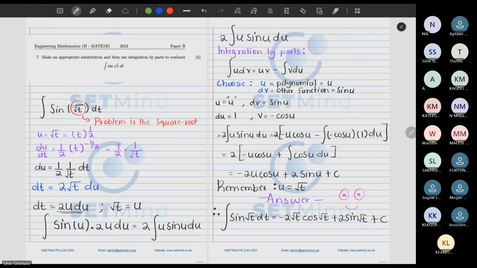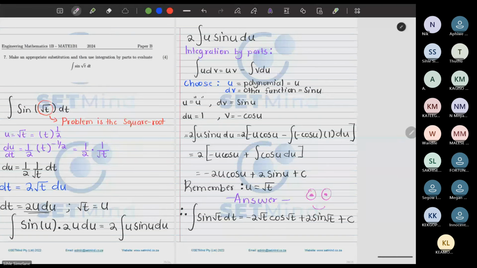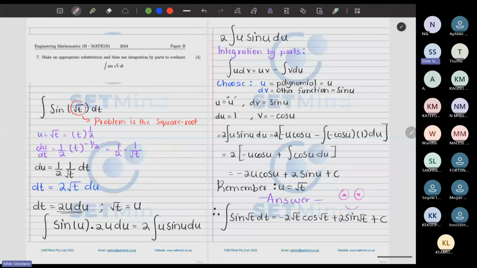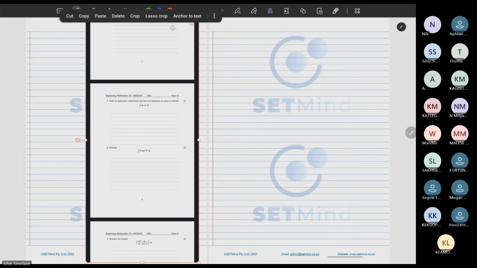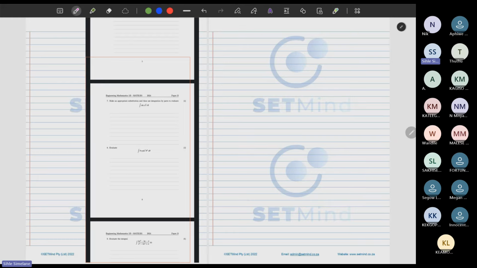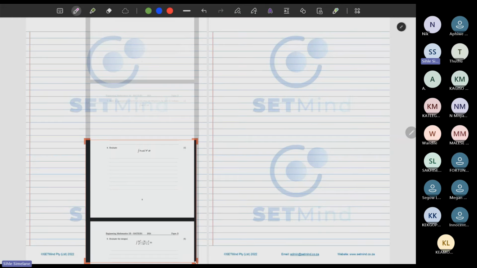Okay. So that is how they were expecting us to solve this problem. And there's another one. Let's have a look. Let's crop to this one.